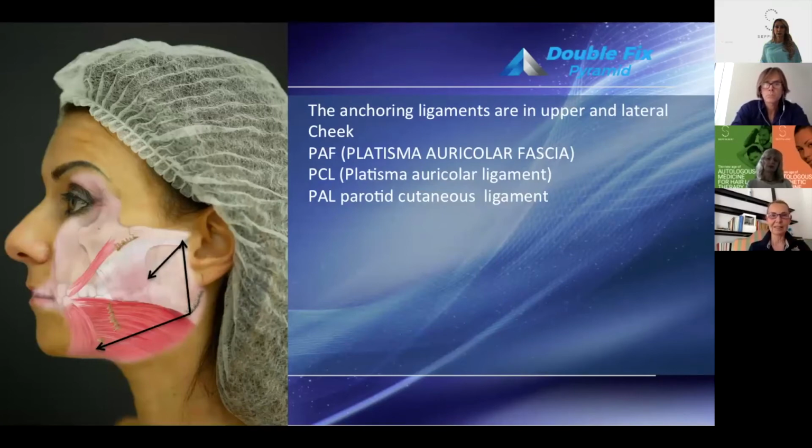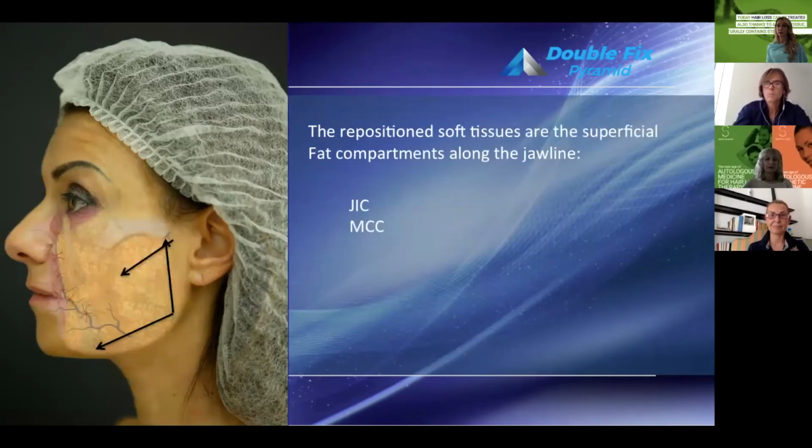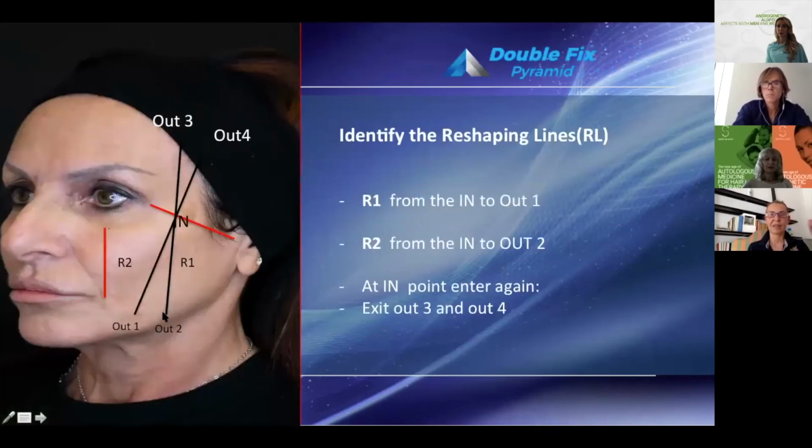And this is another way to insert the sutures, the same in upper and lower cheek. You can tighten the platysma auricular fascia, the platysma auricular ligament, and the cutaneous ligament to reposition, in this case, the jowl and the medial cheek fat.